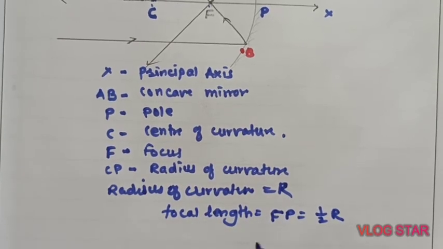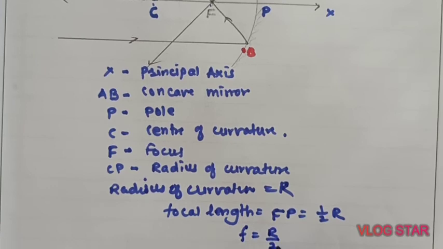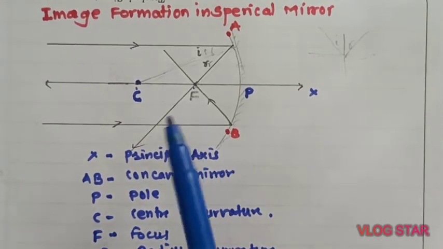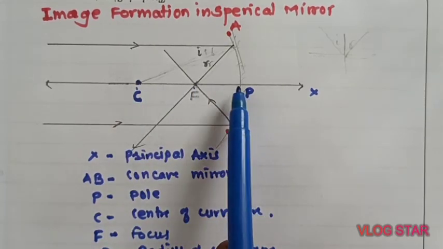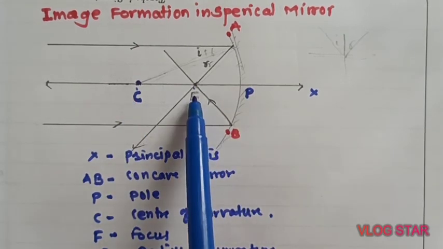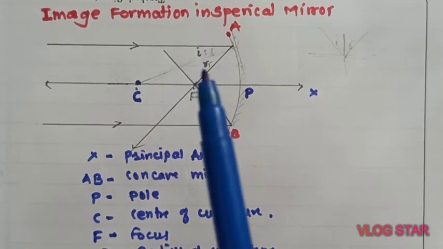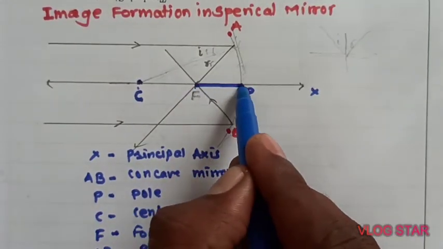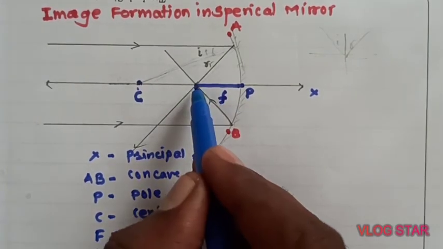So focal length is denoted by letter F. F is R by 2. So for every spherical mirror there is a center of curvature, so that's why there is a radius of curvature, and for the focus point, the focal length is the distance between the focus point and pole. So this length is called focal length. So here is the focus.